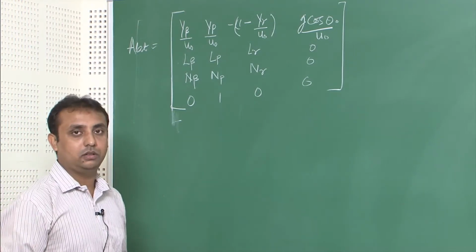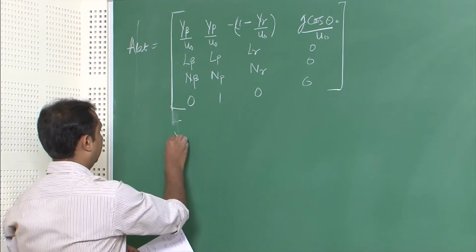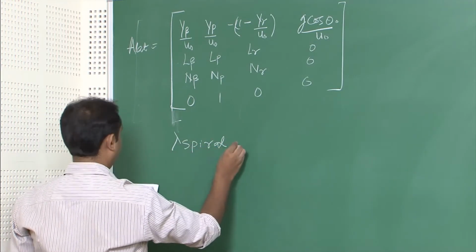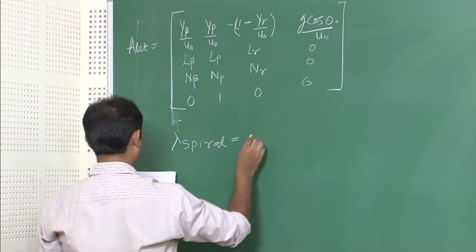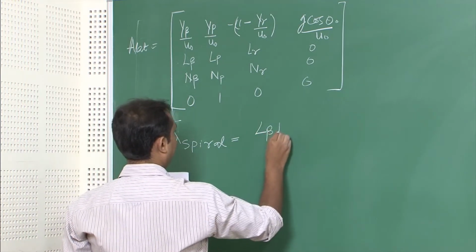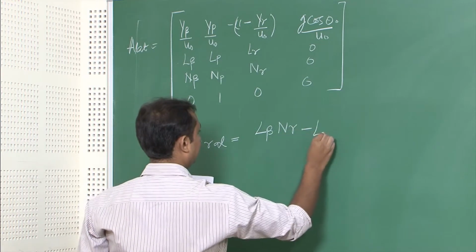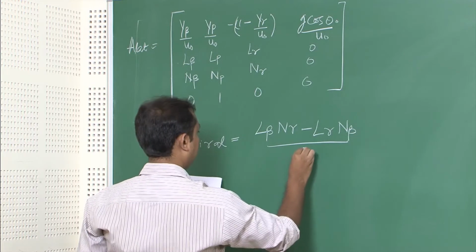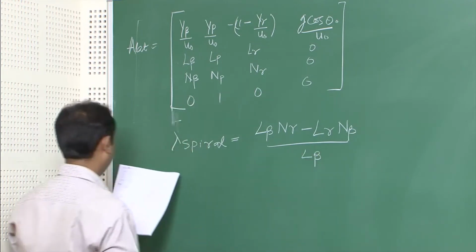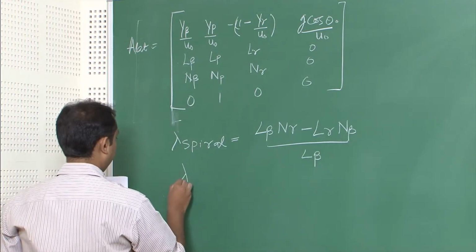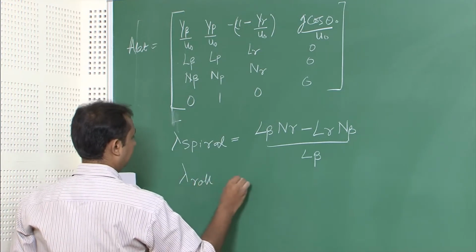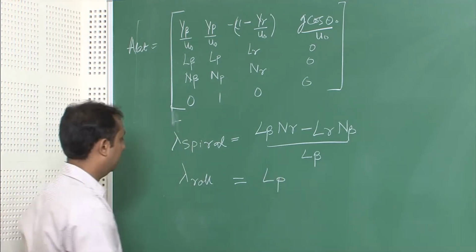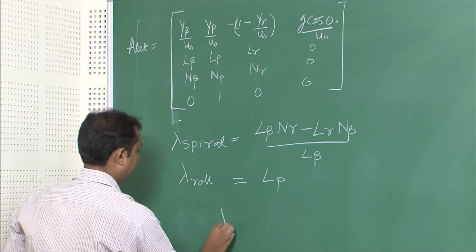For the spiral mode, the root is given by (L beta Nr minus Nr N beta) divided by L beta. Similarly, for roll it is LP.